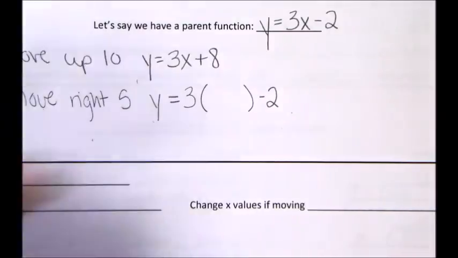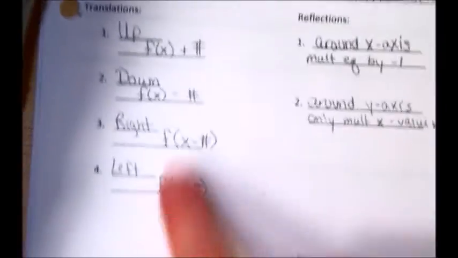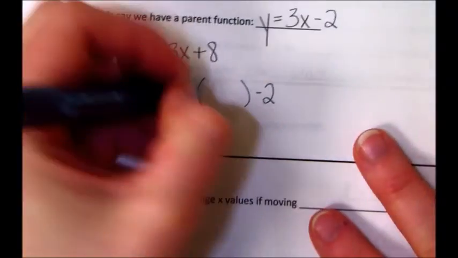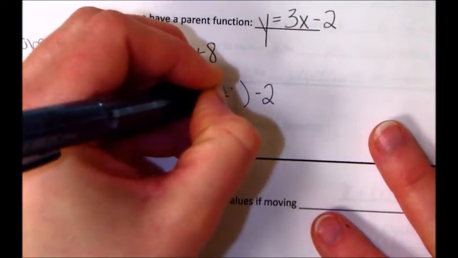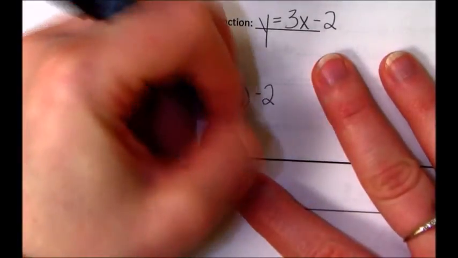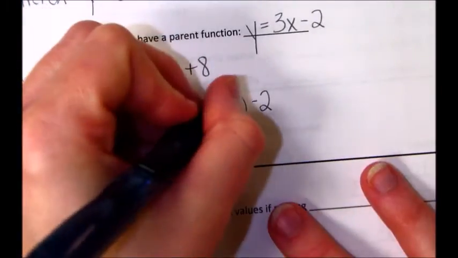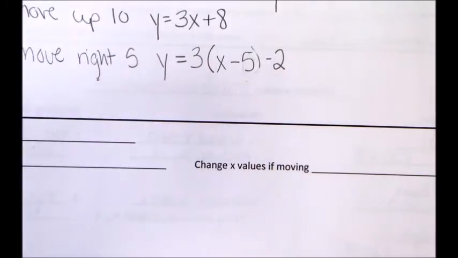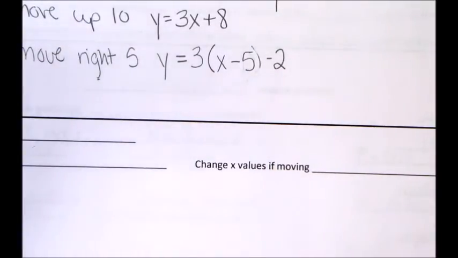But to move it to the right, I need to do x minus a number in parentheses. So something like this would move it to the right. X minus 10. Oh, well, I said 5, didn't I? My bad. X minus 5. I apologize. Move it to the right 5. That moved it to the right 5.